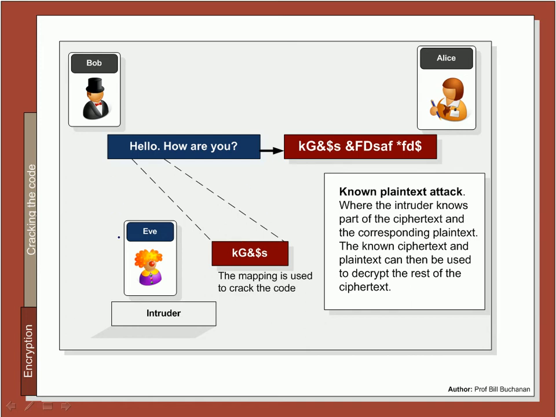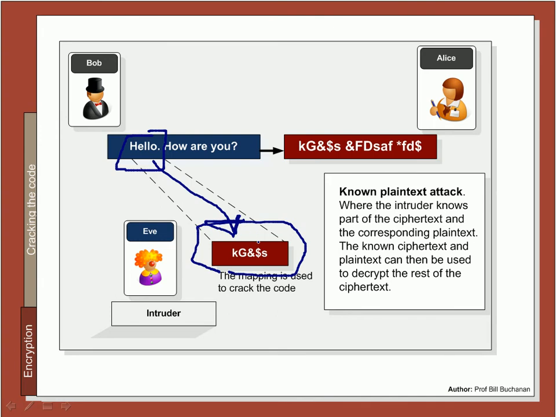One method is where Eve knows the mapping between plain text and the ciphertext. In this case the encryption has happened and she knows that the mapping is always the same, even though she doesn't actually know the key.